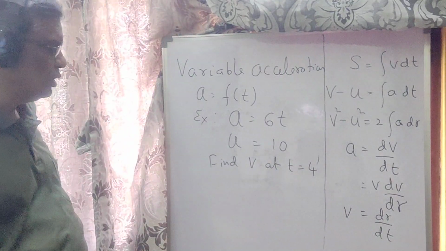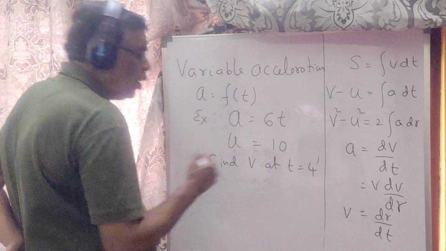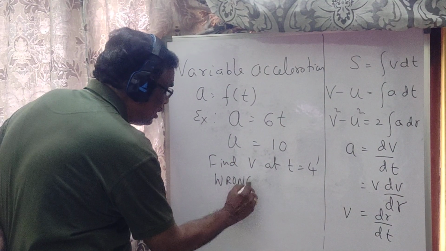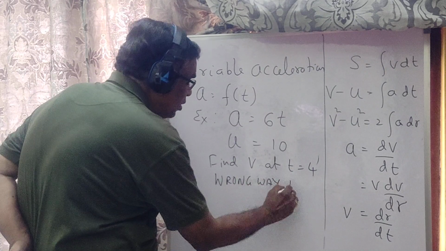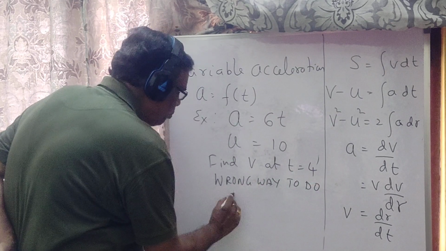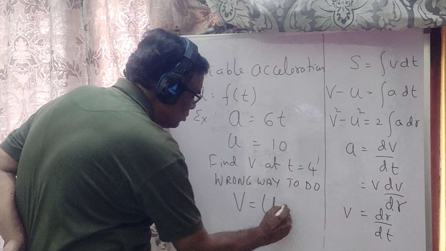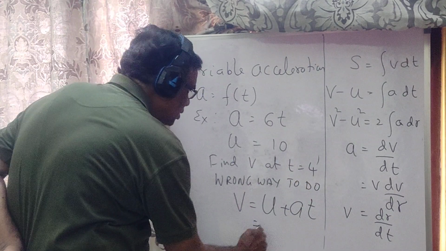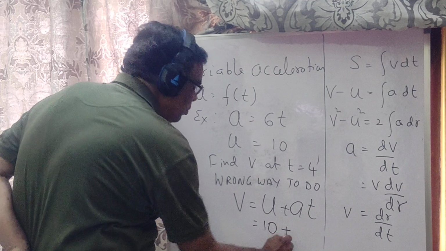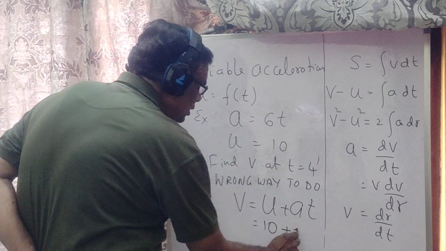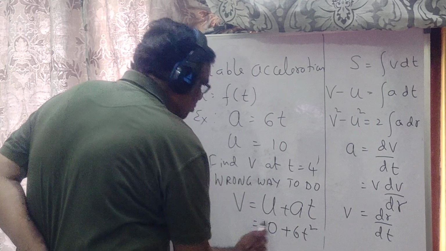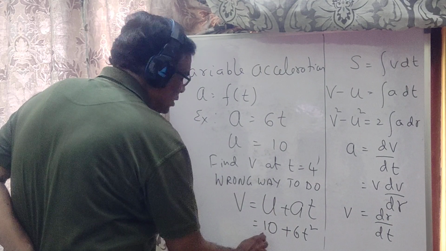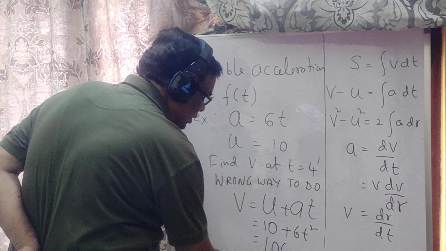For example, now the wrong way to do it, I am putting this here, wrong way to do, is to put v is equal to u plus at. Now if I substitute, I will get 10 plus 6 into 4 square, 4 into 4 is 16, 6 times 16 is 96, so you are getting 106.